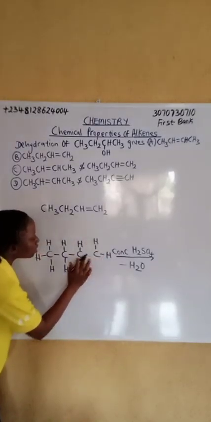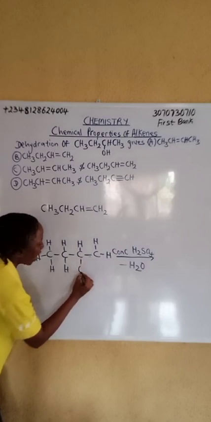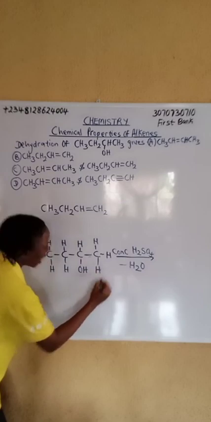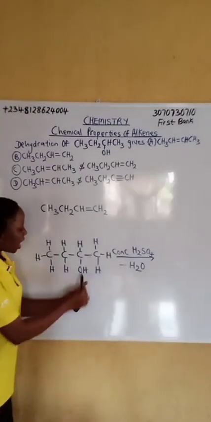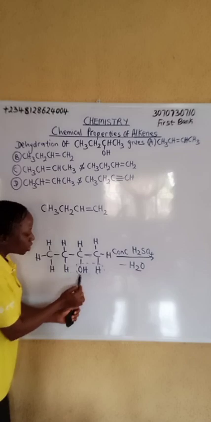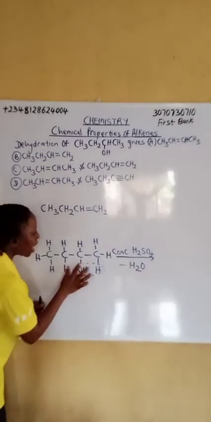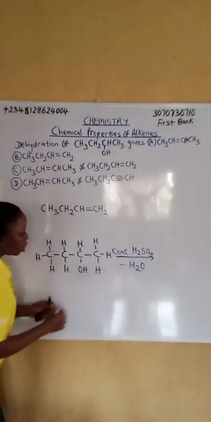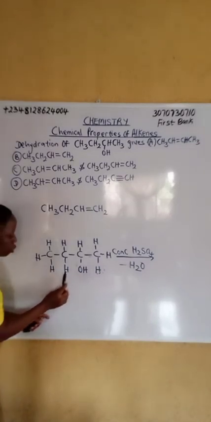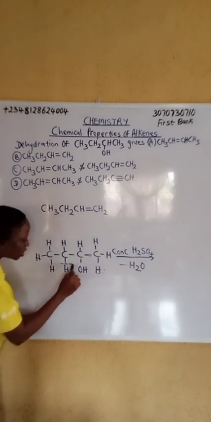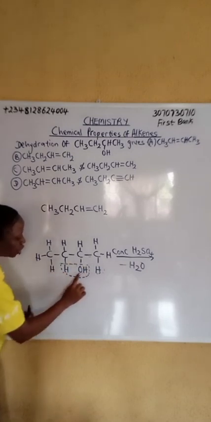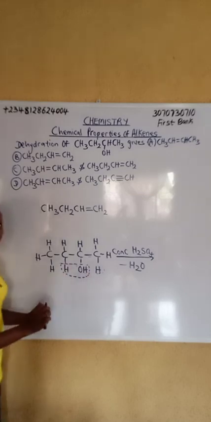Then I want to bring back my hydroxy group and hydrogen. I got this when I removed this hydrogen and this hydroxy group. But now, if you like, you can take the other hydroxy group and hydrogen.